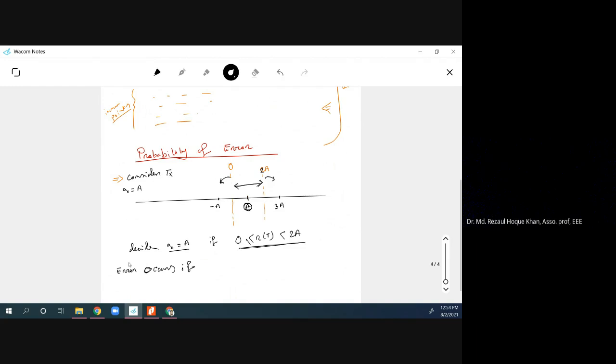It's supposed to be in this region, right? Then it will be received correctly. So two conditions: error occurs if RT is received more than twice a, because our transmission was a, or RT is less than 0. Either in this region it will be received as error, or in this region it will be received as error. That's what I'm trying to say.